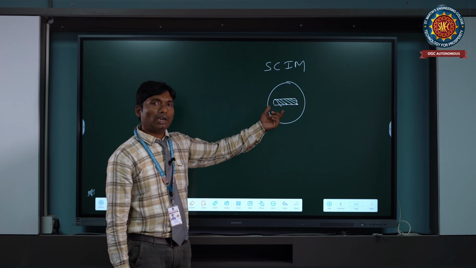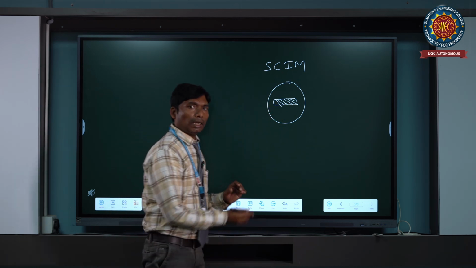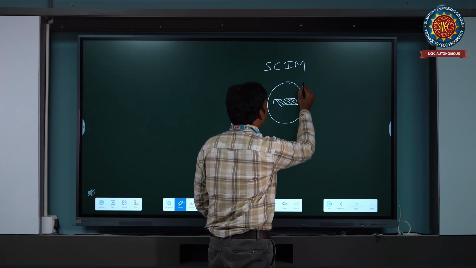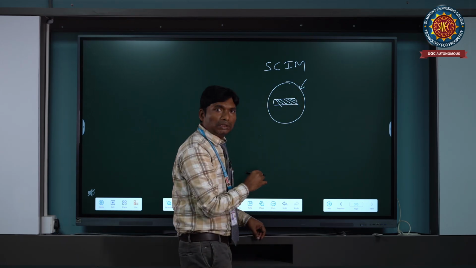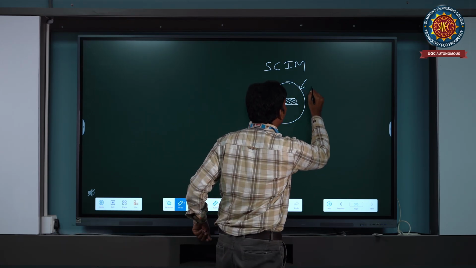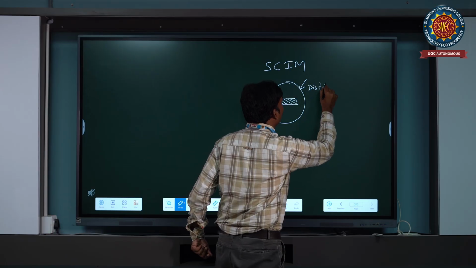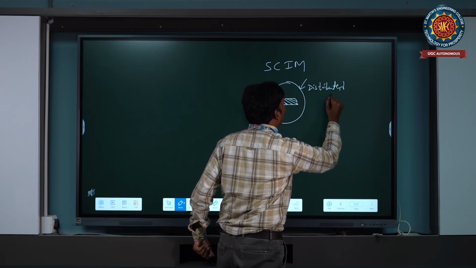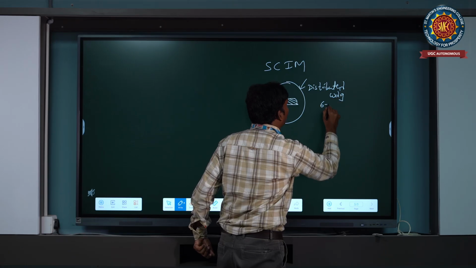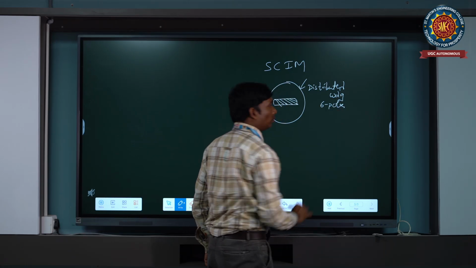We are using skewed rotor copper bars here, not winding. The stator is also designed with a distributed winding. Assume here 6 poles.